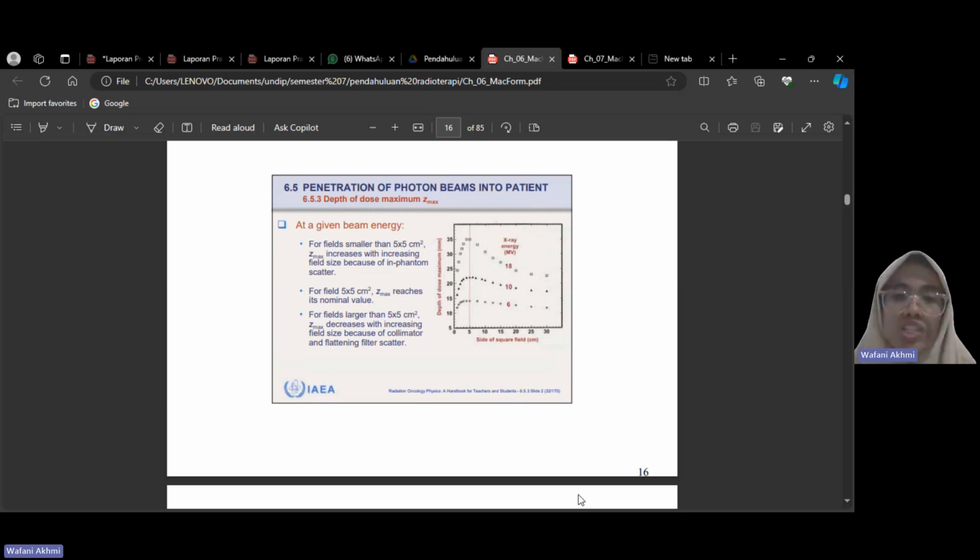At a given beam energy, for fields smaller than 5 by 5 centimeters, Zmax increases with increasing field size because of phantom scatter. For a field of 5 by 5 centimeters, Zmax reaches its nominal value, and for larger fields, Zmax decreases with increasing field size because of collimator and flattening filter scatter.